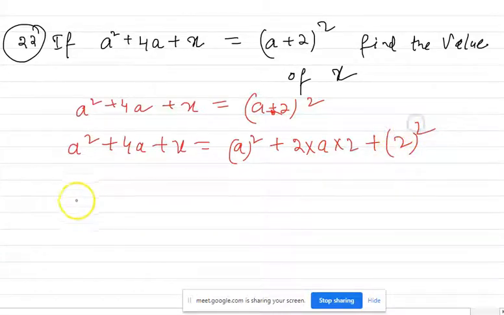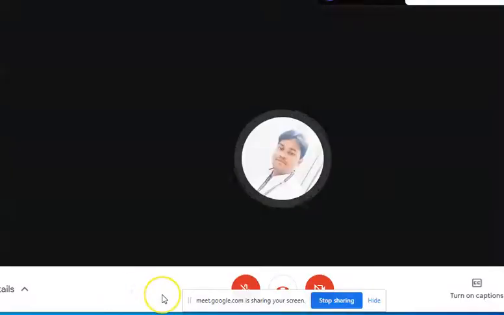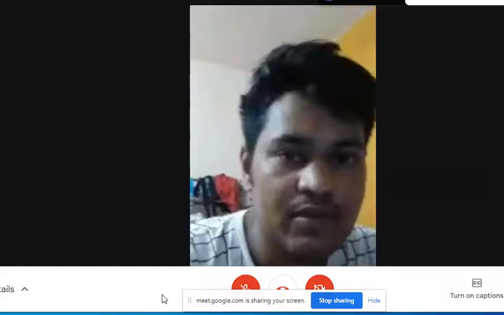Here we have to find the value of x. The question is a square plus 4a plus x. Read the question, I'll tell you. Sir, which number? That one only.